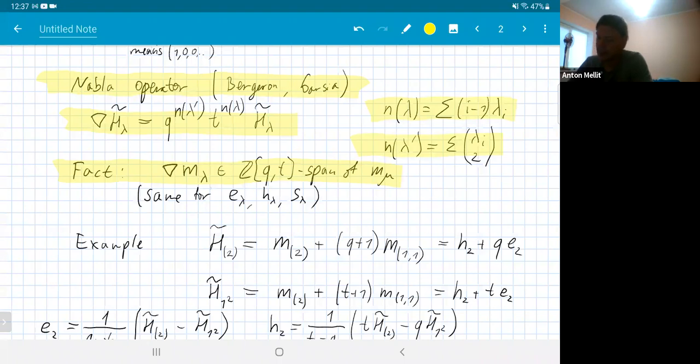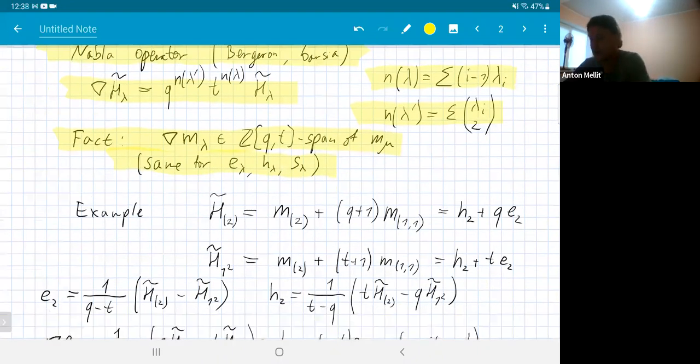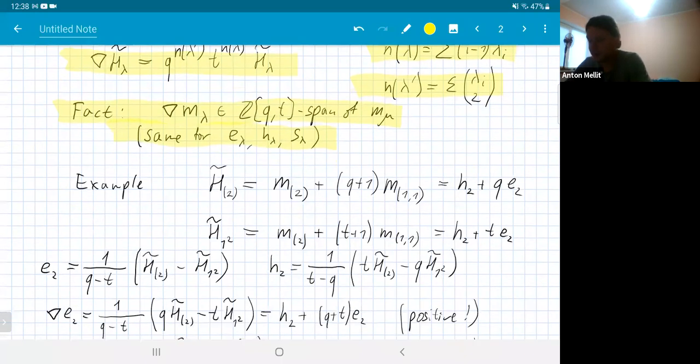And more precisely, if you apply it to M or E or H or S, you get again a combination of the same kind of functions with coefficients that are polynomials in Q and T with integer coefficients.